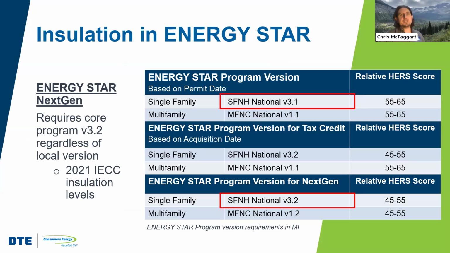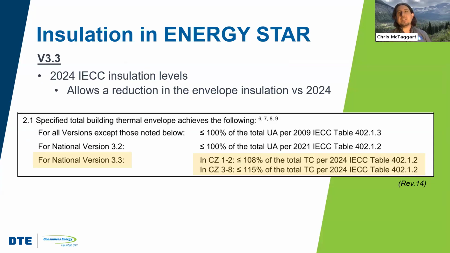Again, Energy Star Next Gen requires that you meet version 3.2, and so basically you have to meet 2021 levels of performance. Now there is the option to also switch over to the more advanced version 3.3, which allows compliance with the 2024 levels of insulation, and there is some moderate adjustment for being able to trade off some insulation using version 3.3.